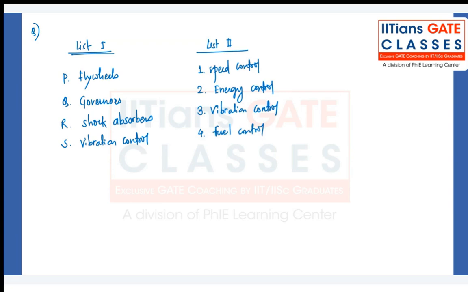Okay, so this is the list. What is the purpose of a flywheel? What is the purpose of a governor? The governor is for controlling the speed, I would say.